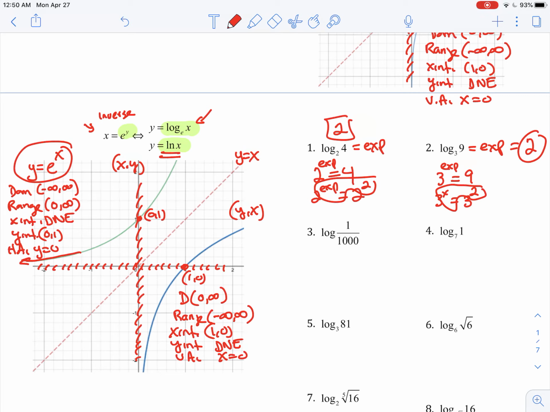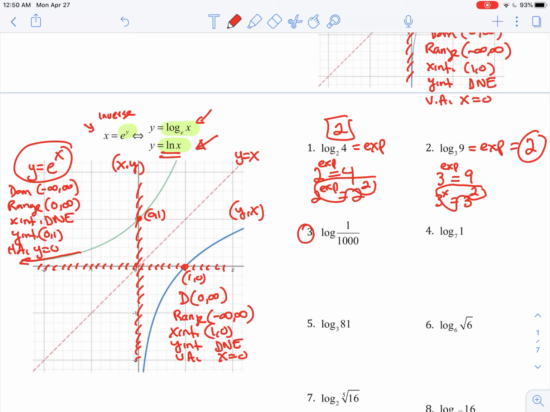On number 3, the most popular bases are e, which if we use base e, you're going to see ln, and base 10. And since base 10 is very popular, if you see no base written, as on number 3, there is a 10 that is implied.